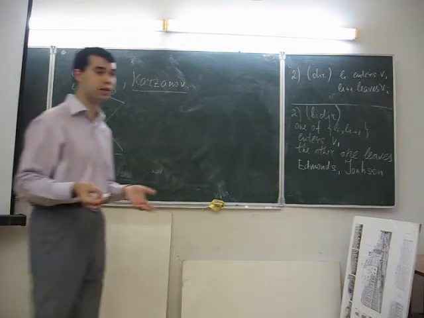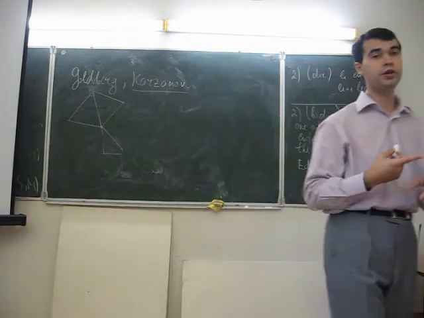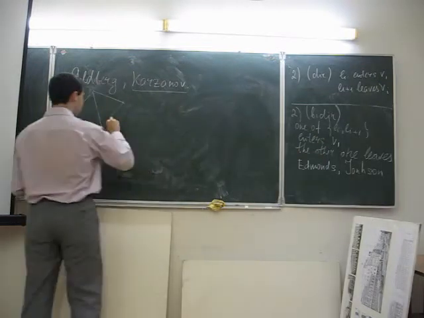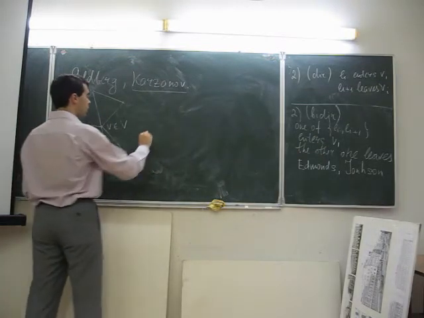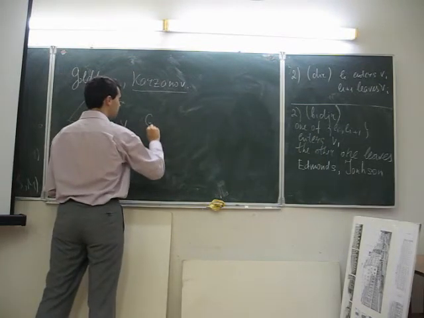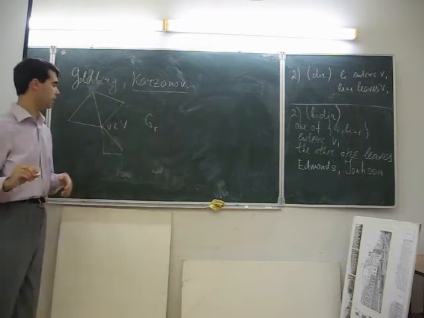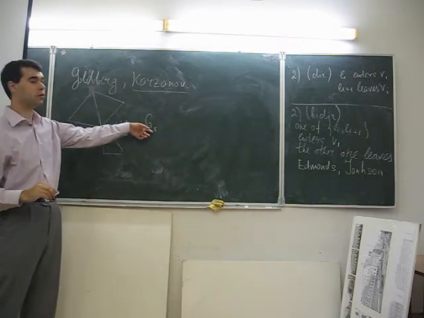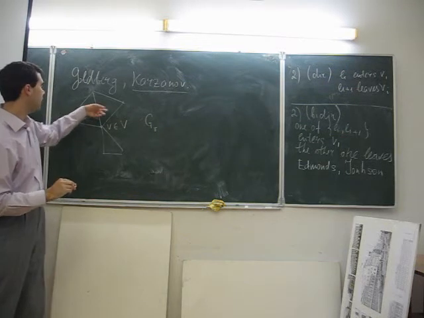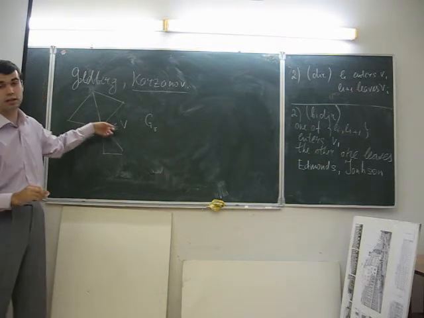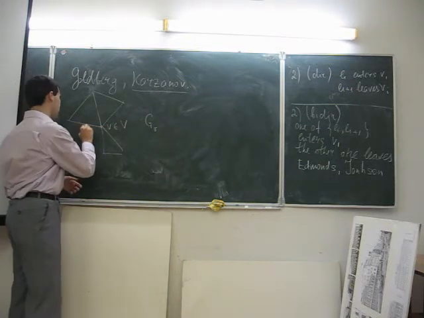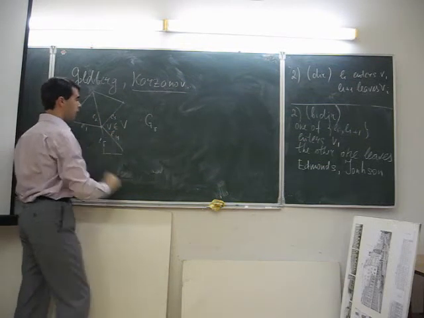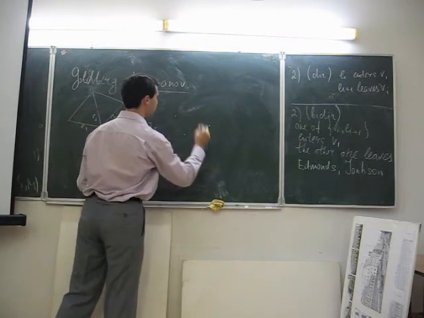For each node V we have an auxiliary graph where nodes of this auxiliary graph are exactly the edges that are incident to V. So here we have E1, E2, E3, E4, and E5, and here we have 5 nodes.